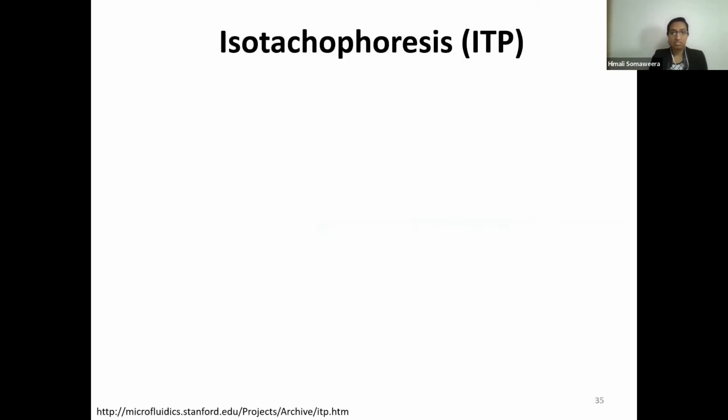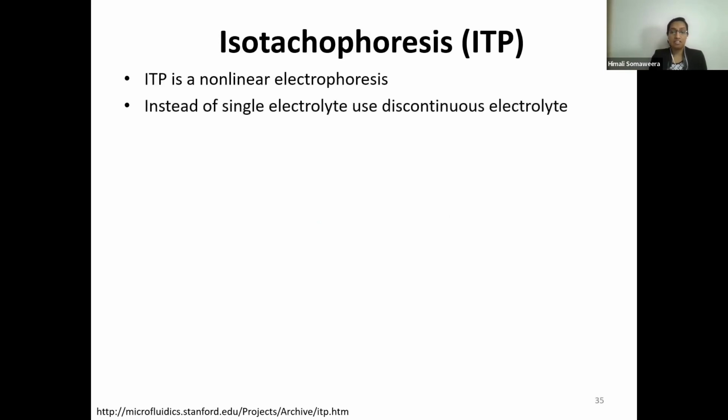So that's why we use isotachophoresis, because even when you have trace amounts, this is a non-linear electrophoresis. And in isotachophoresis, what it does is pre-concentrate. It can pre-concentrate trace amounts by millions of times.